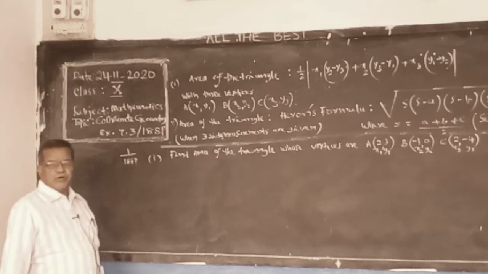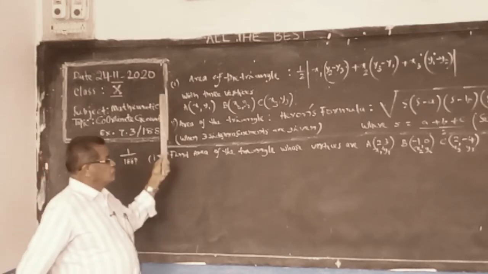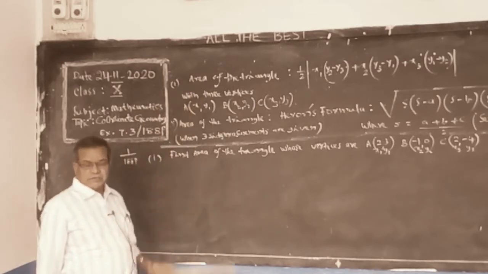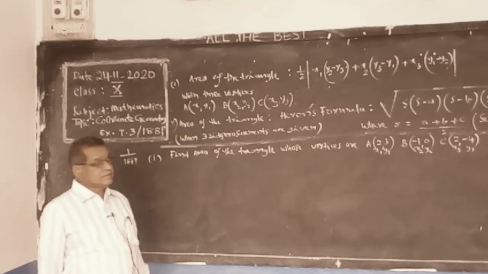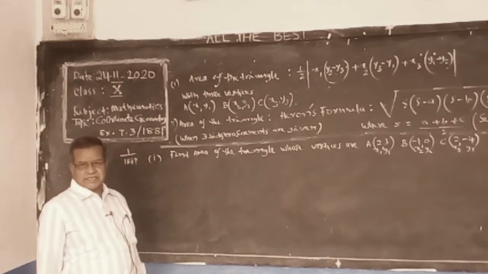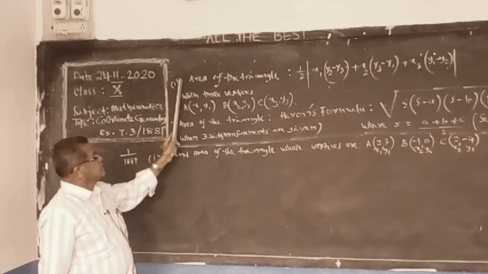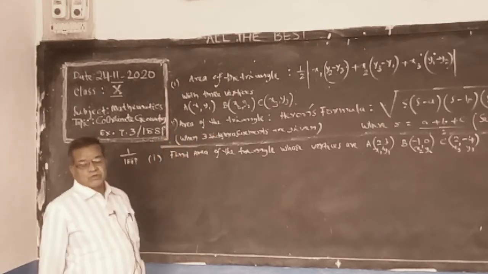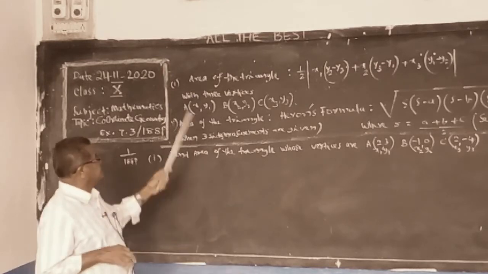We did so many problems on triangles and points. Now in exercise 7.3, the third exercise, we are finding the area of the triangle when three vertices are given.